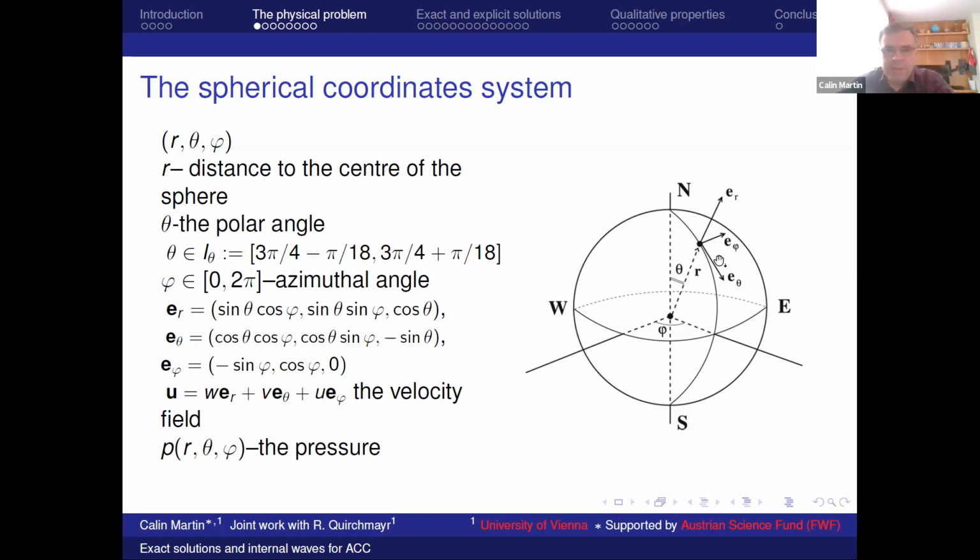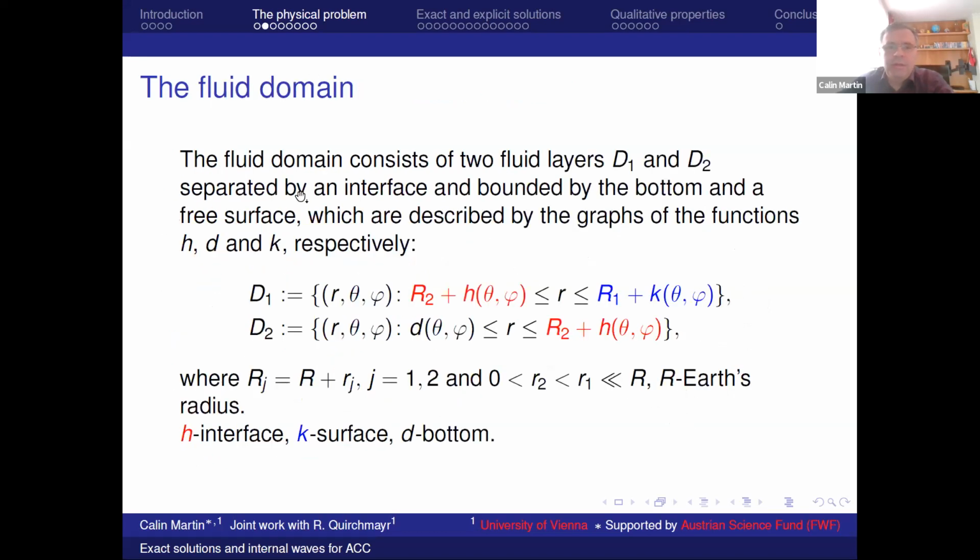This will be from east to west, and P of r, theta, and phi denotes the pressure. Because we want to deal with a discontinuous density, the fluid domain will consist of two fluid layers, denoted here D1 and D2, and D2 is from the bottom of the ocean. Let's say D is a function that defines the bottom, and up to some interface denoted here.